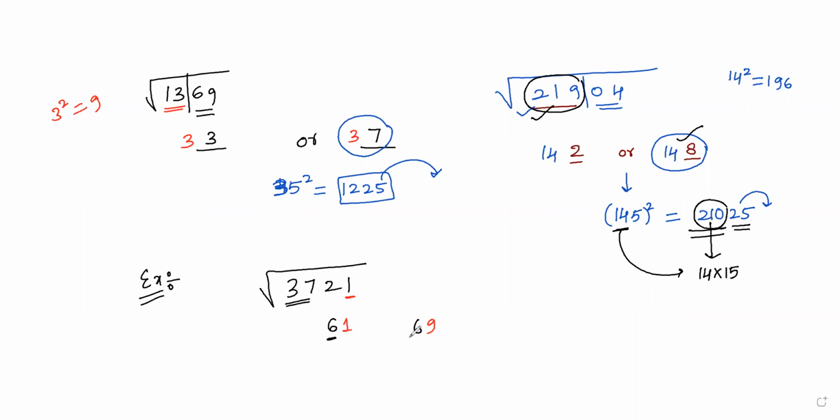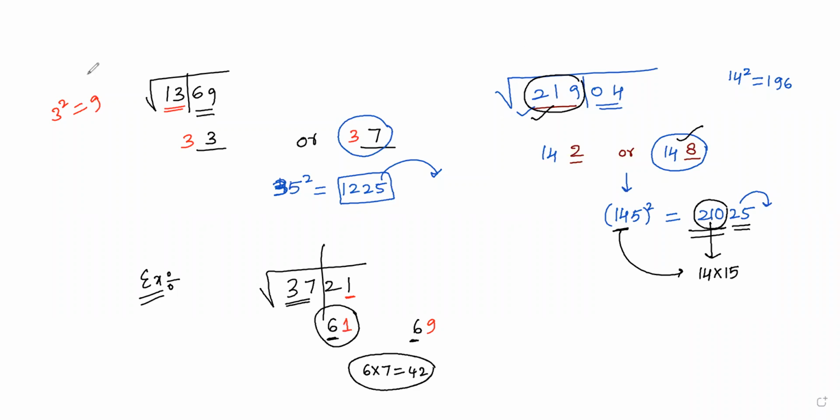Whatever digit we write, 6, multiply that number with its next number, then 42 comes. Compare 42 with the last second pair. 37 is less than 42, so we choose 61. Is my point clear? Yes, sir. Okay, right. So this is method 1.